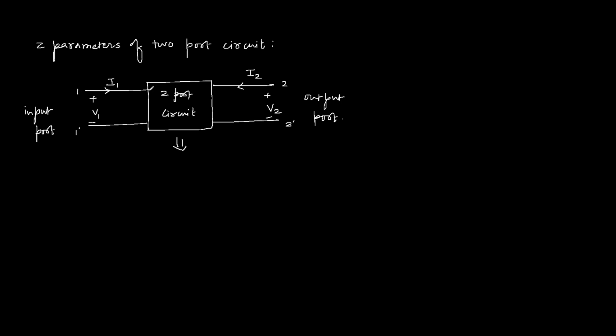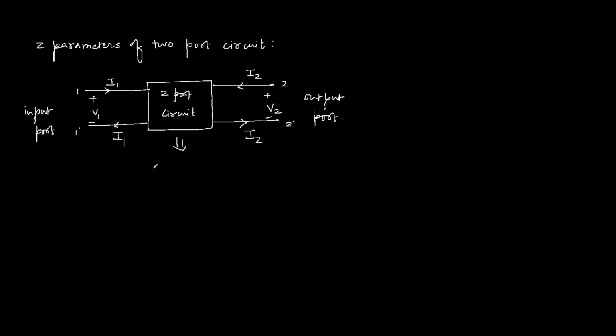I1 current is going into the two-port network, and I1 current is coming out from the two-port network through this input port. Similarly, I2 current is also coming out through this port 2.